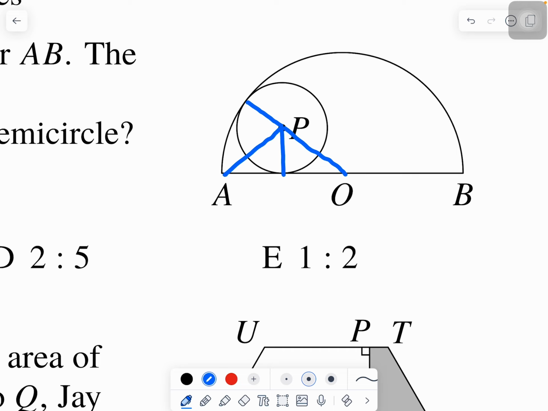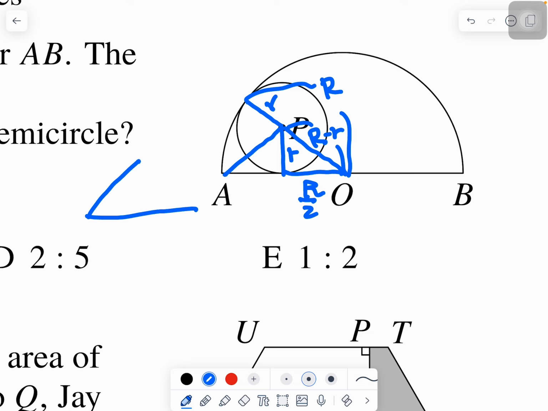If we draw the line from O to P, then this is not radius r. Actually, the large radius is this one, so maybe this is R minus r. This is R.